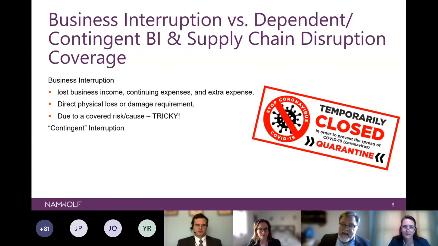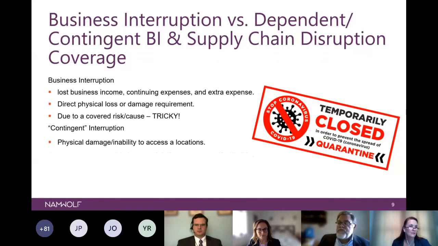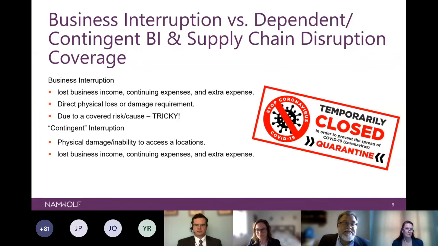The more sophisticated and very often an optional coverage in a lot of basic property policies is contingent business interruption coverage. And this is the coverage that applies when there has been a covered cause of loss at a property on which the insured depends to conduct its business. A supply source, it could be an access road.